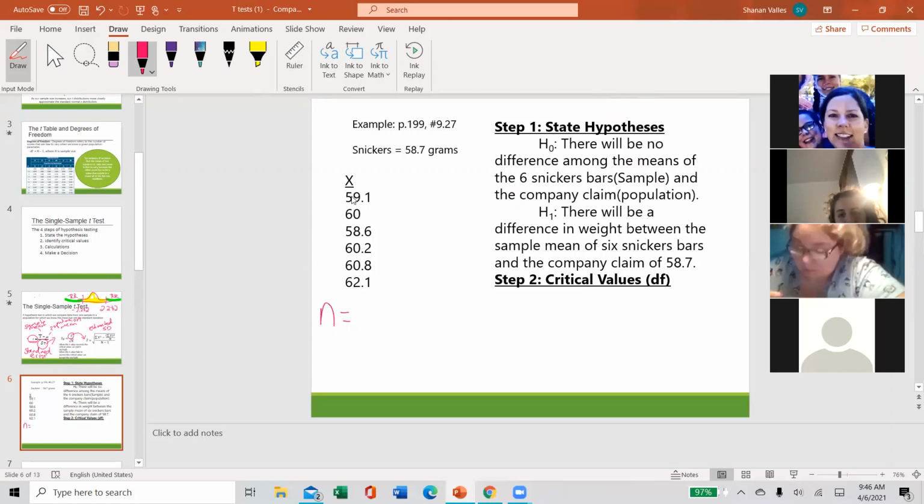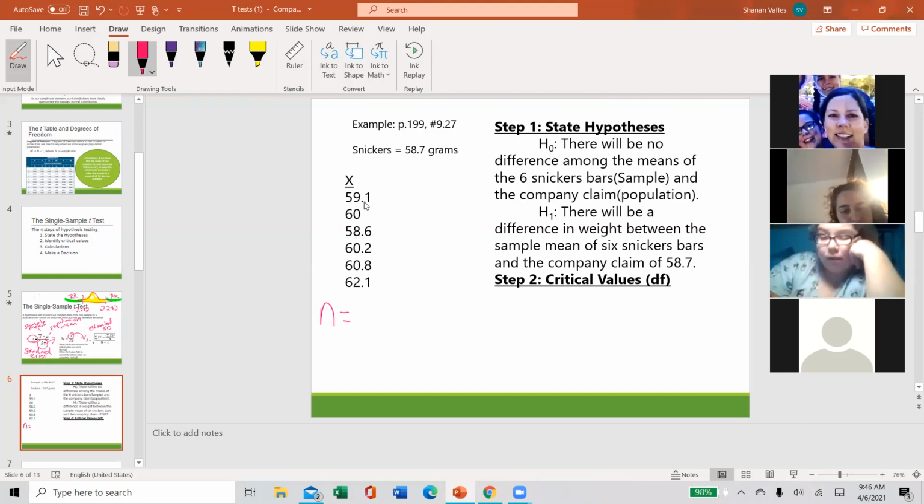We add up our number of observations, which gives us n. Remember, n is our number of, sometimes I say number of participants, but these aren't people, these are Snickers bars.